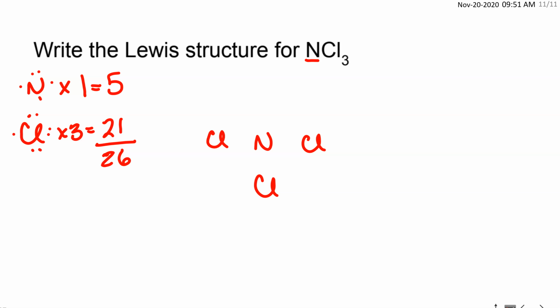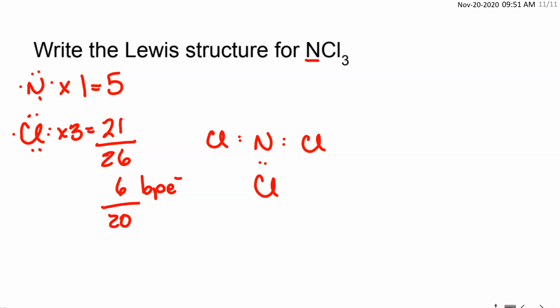Now, our next step is to connect the outer atoms to the inner atoms with bonding pair electrons. Now that took up 6 bonding pair electrons, which leaves me 20 left over.